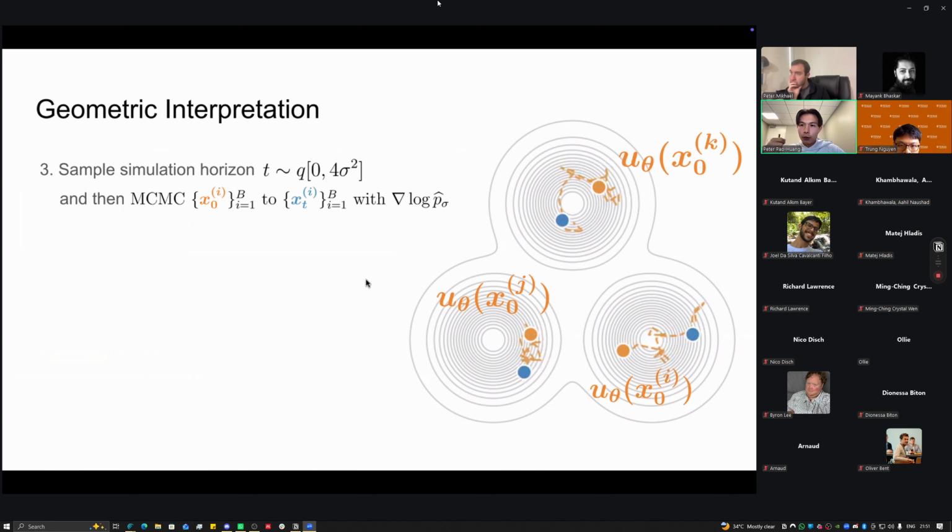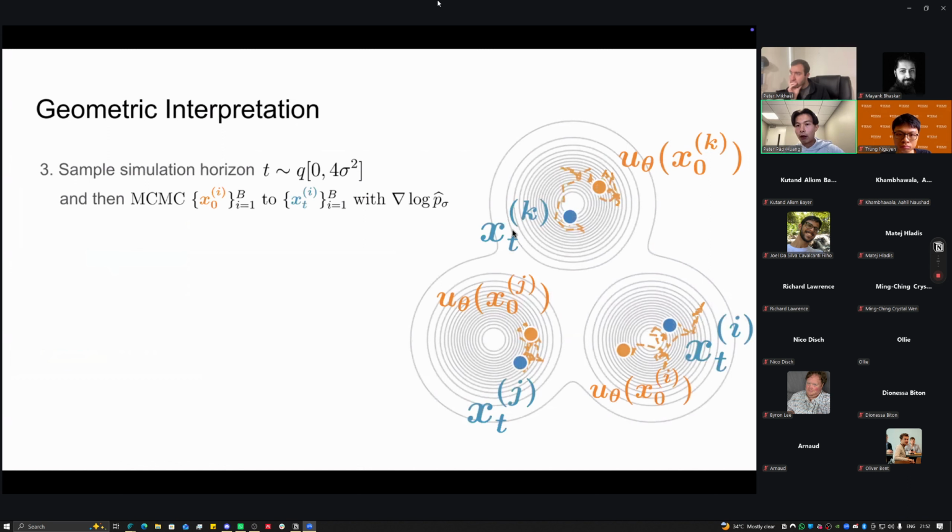We then do MCMC. So we first sample some simulation horizon T, and then do Markov chain Monte Carlo to this horizon, typically using unadjusted Langevin dynamics to get to xt. And we do this unadjusted Langevin dynamics with our approximated score.